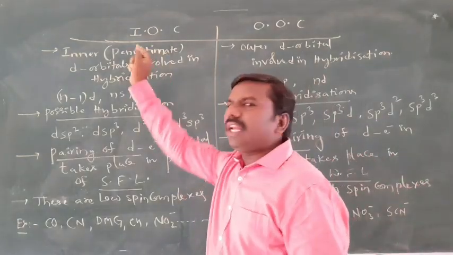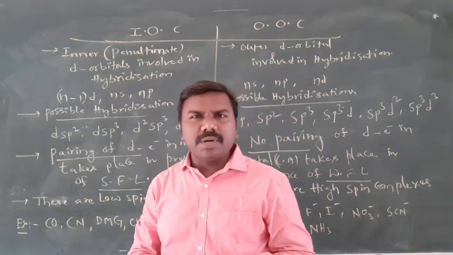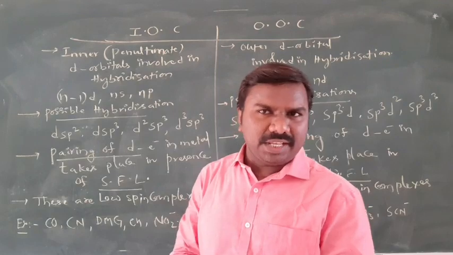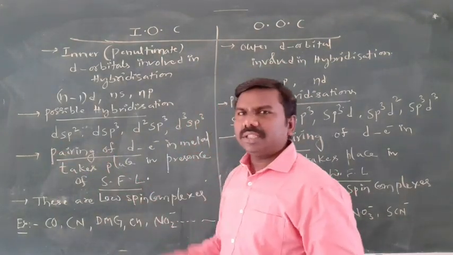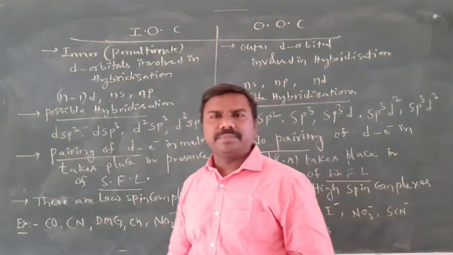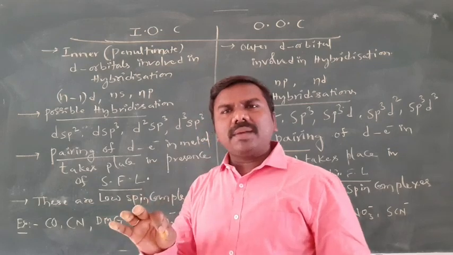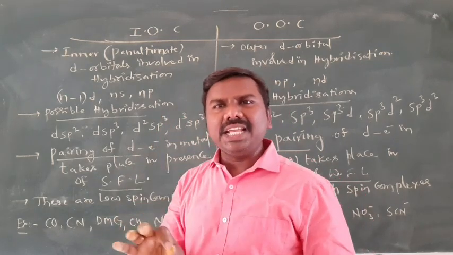Next, possible hybridizations. If the inner orbital is involved in hybridization, the hybridization starts with d, like dsp2, dsp3, d2sp3, d3sp3. Is it clear? Inner means hybridization must start with d.